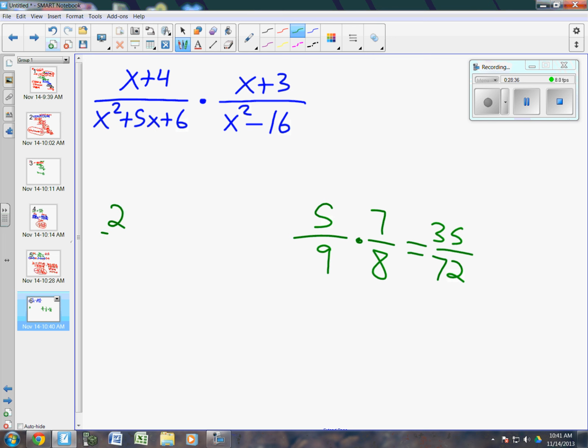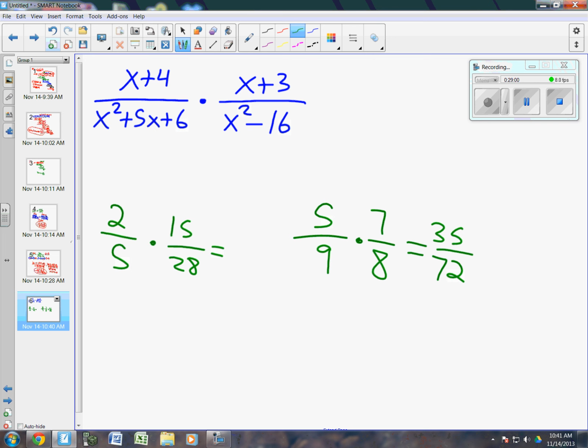Now, sometimes you might have something like this. 2 over 5 times 15 over 30, maybe. In this case, you guys, if you can write these as factors, like I can write 30 as 2 times 15. I know this reduces to 1/2, but for the sake of what we're doing right here. Actually, maybe what I had to do is write that as a 28. I'm going to do that.